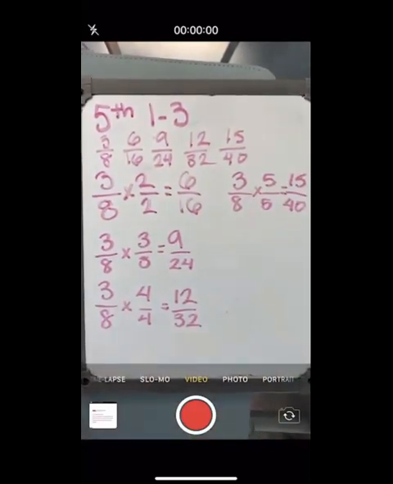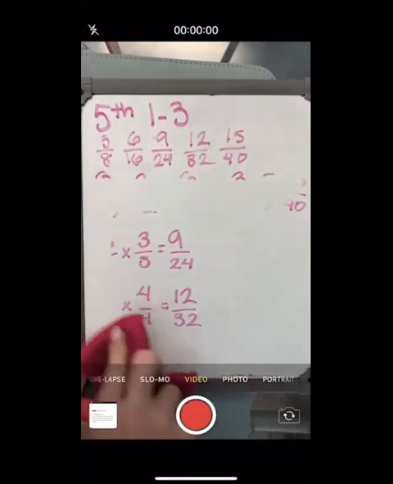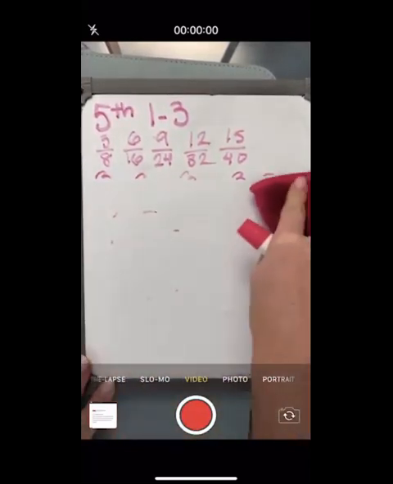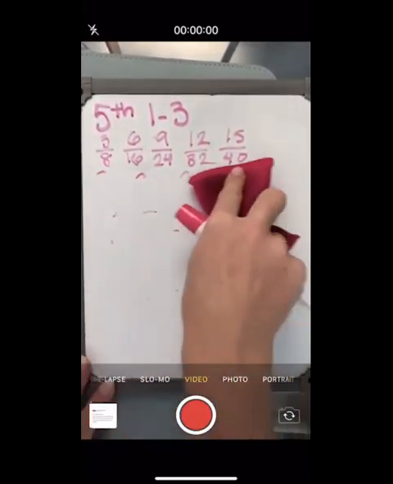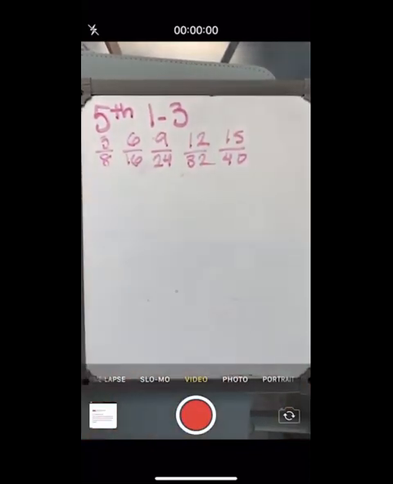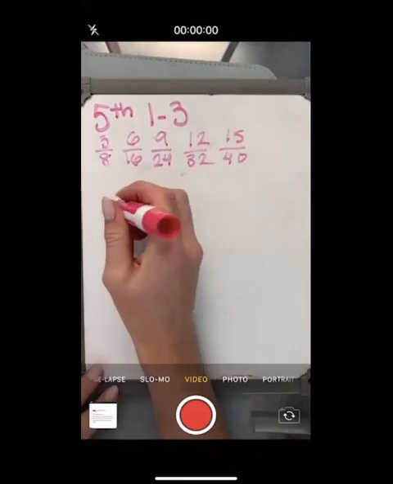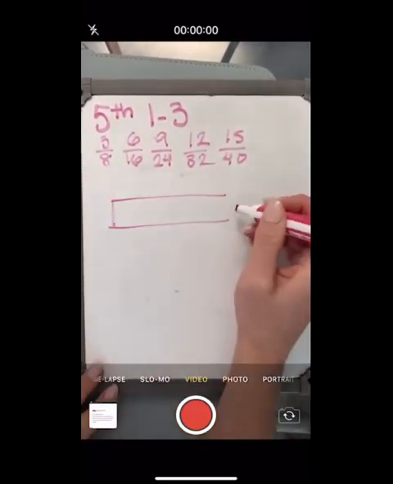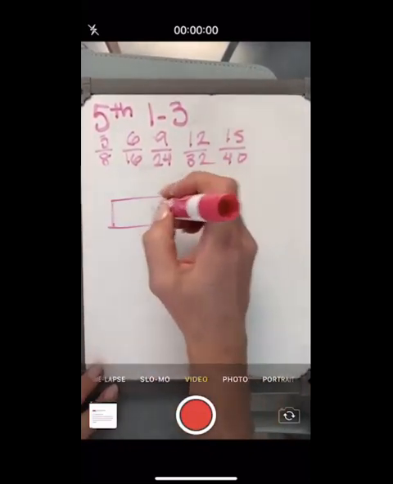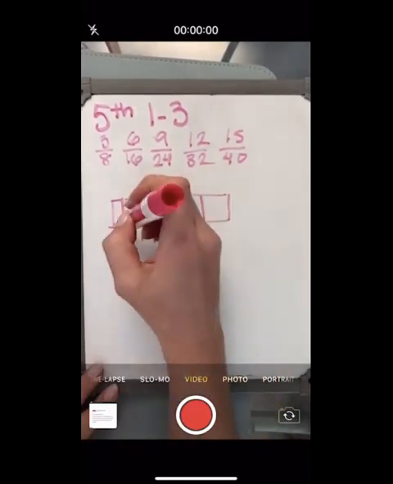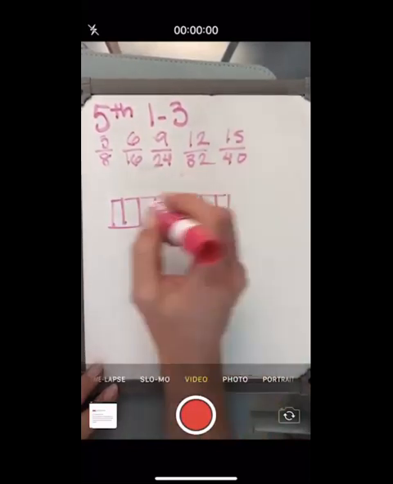I'm going to erase the underneath work so it's not quite so messy. But you'll notice a lot of these fractions have really little pieces. And if I was to draw them out, they'd be so tiny, like 40ths, but they're always going to be the same as 3/8. So I like to draw my eighths as halves and then fourths and then split.